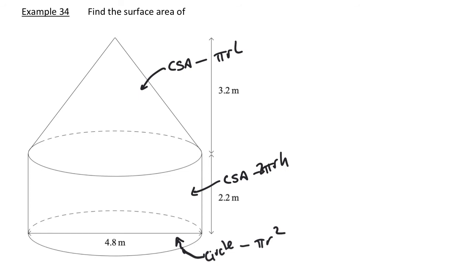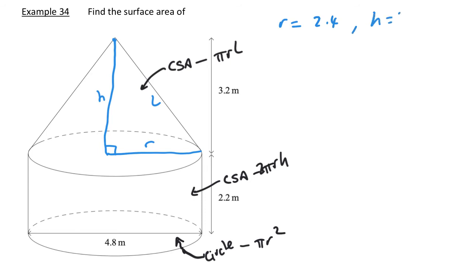Now L is the slanty length, so what we're going to have to consider then is forming a right angled triangle from the top of the cone down to the height, to the radius, and then back up again. So we've got R, H and L. The radius is going to be half of the diameter. The diameter we can see is 4.8 meters, so the radius is going to be 2.4.